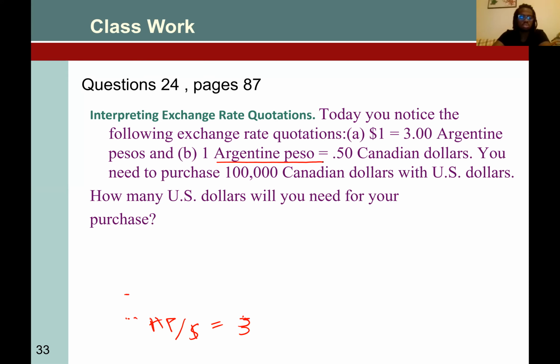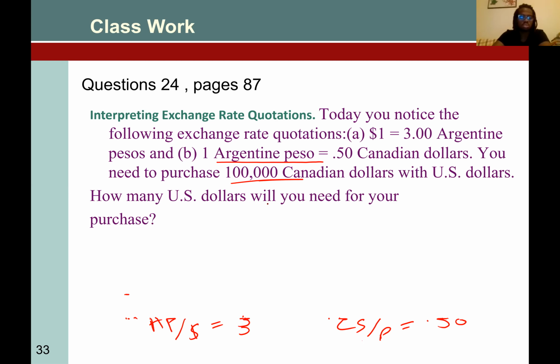We have 1 Argentinian peso is equal to 0.5 Canadian dollar, so Canadian dollar over peso is equal to 0.5. You need to purchase 100,000 Canadian dollars with US dollars. So how many US dollars will you need for your purchase?